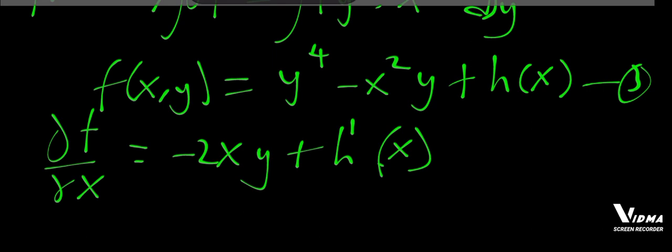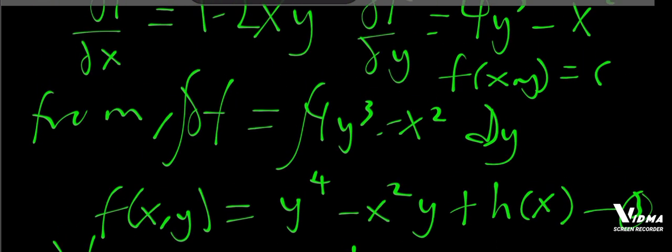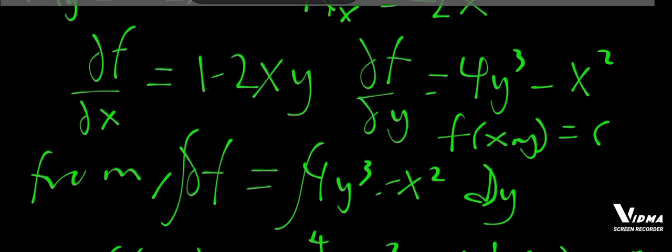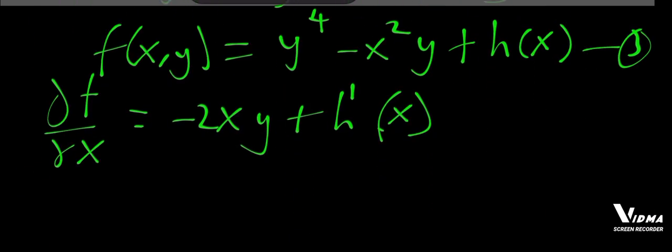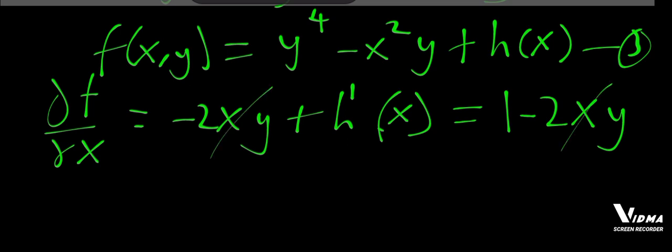And we already know that del f del x is 1 minus 2xy. So equating these two, this cancels this, and we have h prime of x equal to 1.